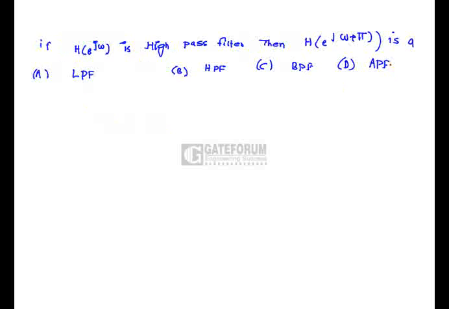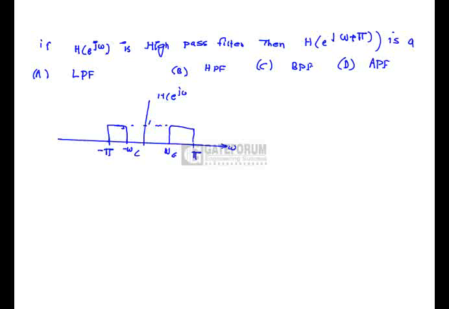If H of e power j omega is a high pass filter, then H of e power j (omega plus pi) is what? Here if we draw this, from minus pi to pi, this is the digital frequency, this is the high pass filter representation, and this is the cutoff frequency minus omega c.